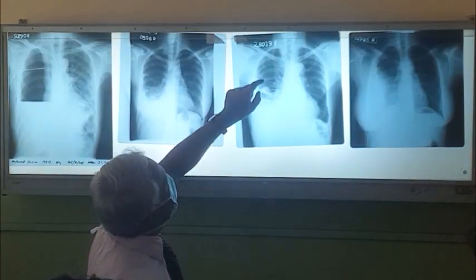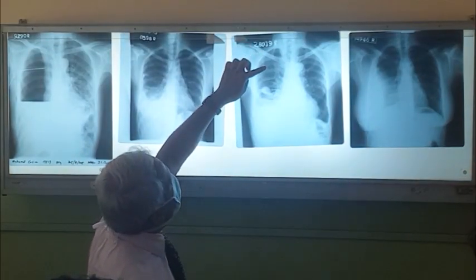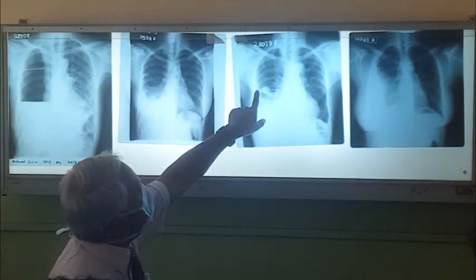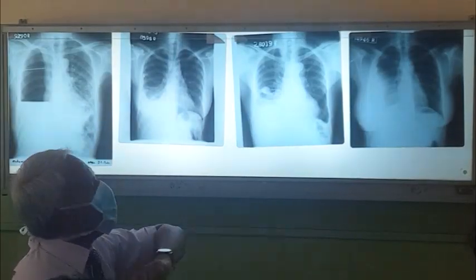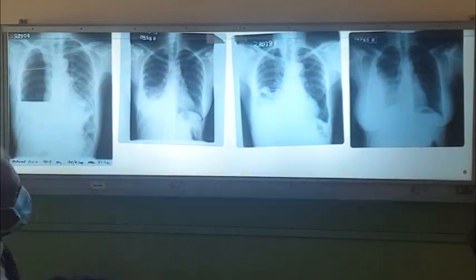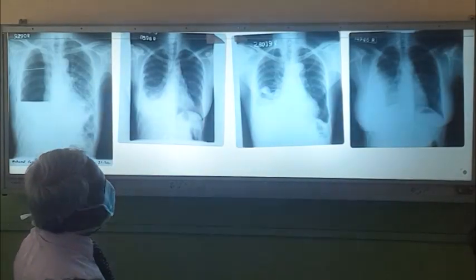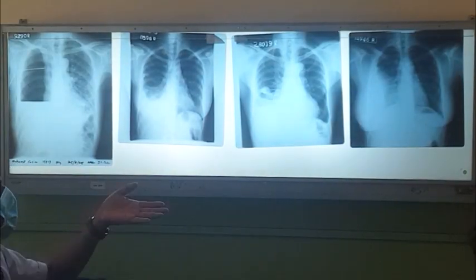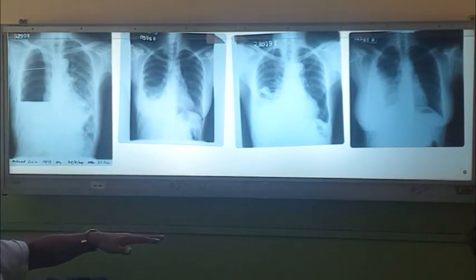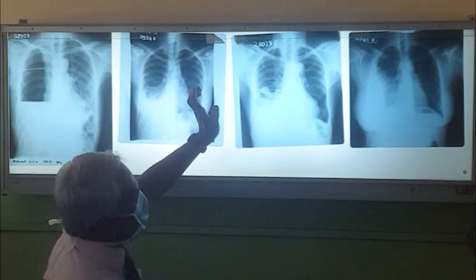If you count 1, 2, 3, 4, 5, 6, it is here. So this is fluid in the transverse fissure. And this rounded opacity is not a tumor. What happens with pleural effusion is sometimes these fluids get collected in the oblique fissure or transverse fissure. So it is called a pseudotumor. It's not a tumor actually, right?